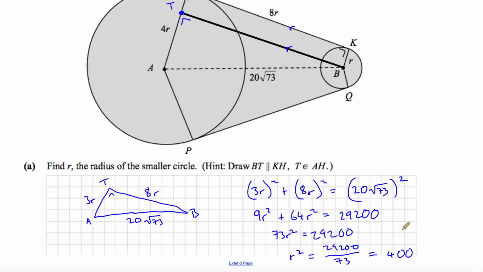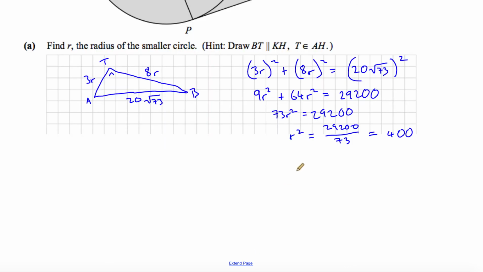So if r squared is 400, that means that r will be the square root of 400, which is plus or minus 20, but because r is a distance, I'm going to take the positive, so r is 20. So there we go, the radius is 20 centimeters. That's part A done.